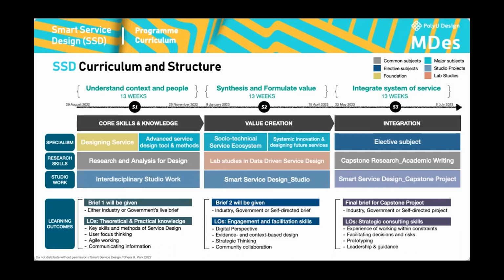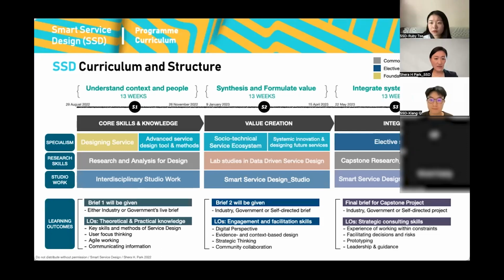With research skills, you can extend your research abilities, such as research methodologies, lab studies, and academic writing. Along with specialism knowledge and research skills, you will also have the opportunity to run projects as a team, especially in a studio-based subject in each semester, including your final capstone project.